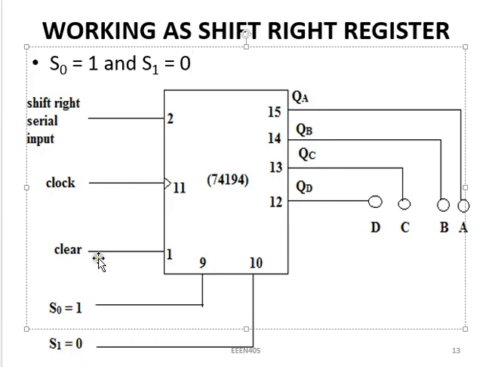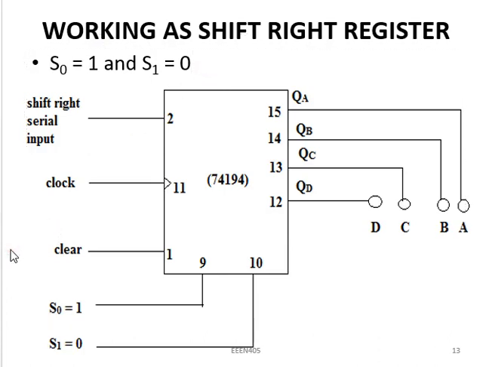So in that case, I need my clear terminal, I need my clock terminal, and I will use pin 2 because that is the point for shift right serial input, and these are my 4 outputs as we have illustrated before. The condition for this to happen is that my S0 must be 1 and S1 must be 0.